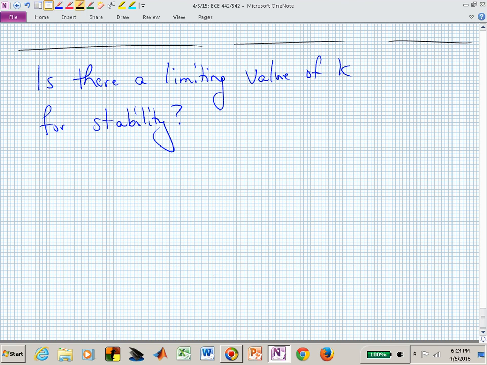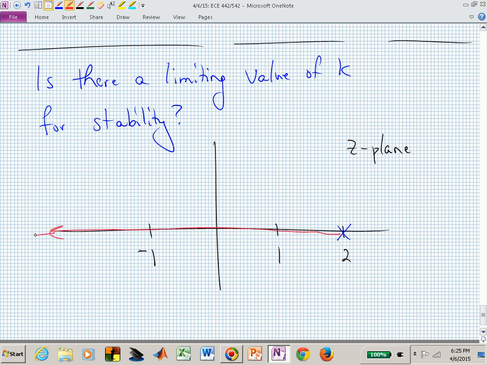And here I like to sketch this on a napkin, meaning I like to see what's going on. We have 1 and minus 1. We have an open loop pole at 2. And we know as we adjust the gain k from 0 all the way up to infinity, we can map out closed loop poles from 2 all the way to minus infinity.